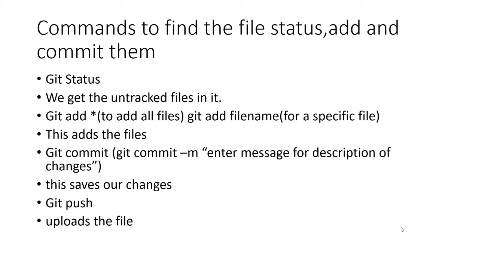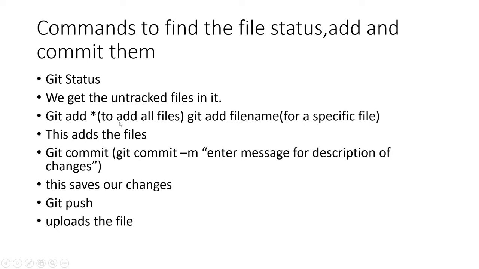Now let's see the commands we give in order to see the status, add, and then commit. git status is for status, which we have seen in the previous class, and we get the untracked and tracked files. For us it's untracked files because we are doing it for the first time. Then we have git add. Star means all files, or you can give git add with a file name. We'll see that in the next lecture on the command prompt.